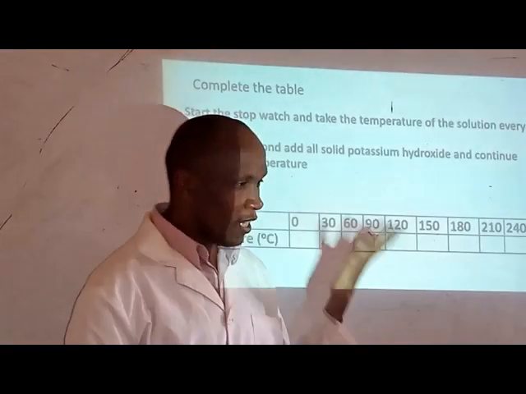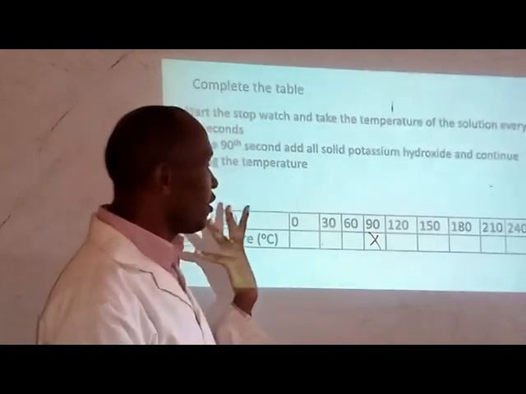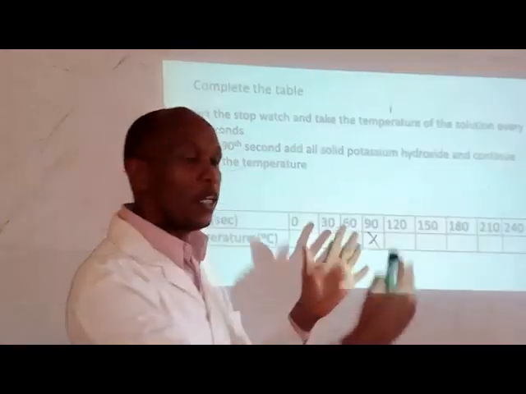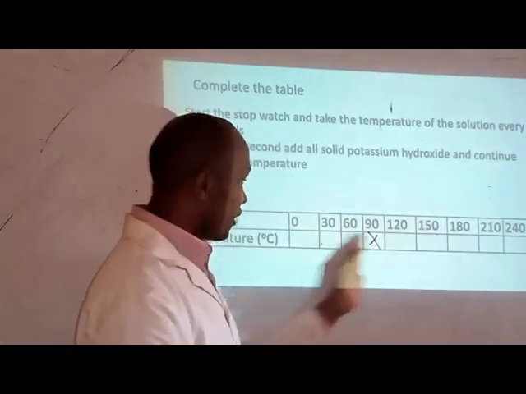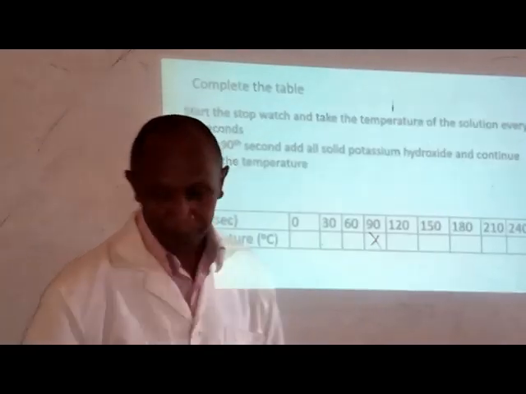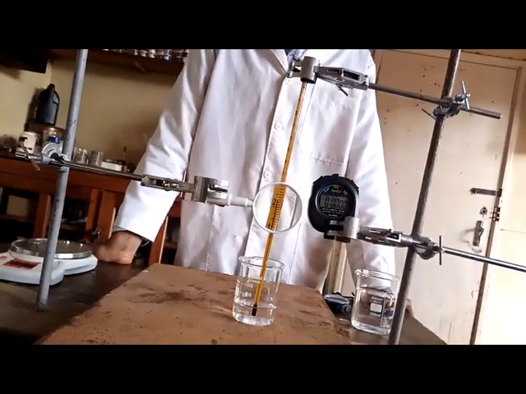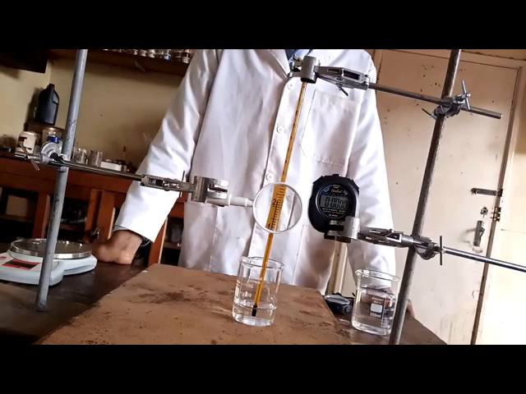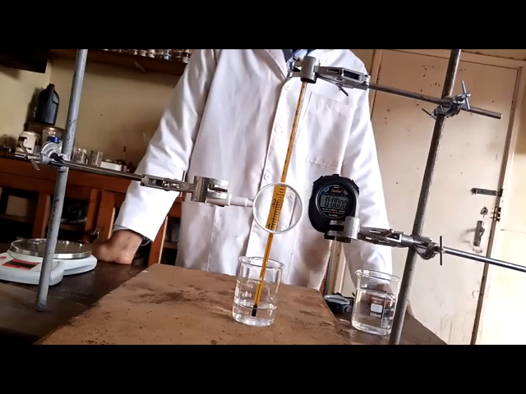So that has been done, and all you need to do is to record the data and come up with some table. In this experiment, the enthalpy of solution of potassium nitrate is going to be determined.